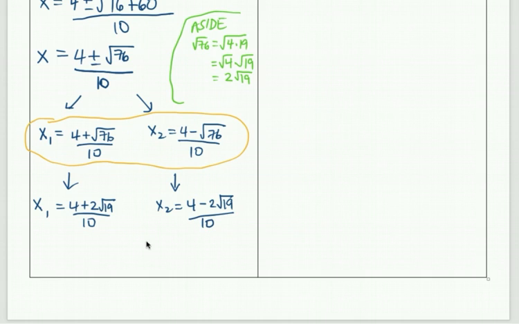Okay, all right, and then so you're thinking, like the last one came out nice, it came out to a 1 and stuff, but this one here, it's more just reducing the fraction down, okay? So here, I'll just write them separate like this.